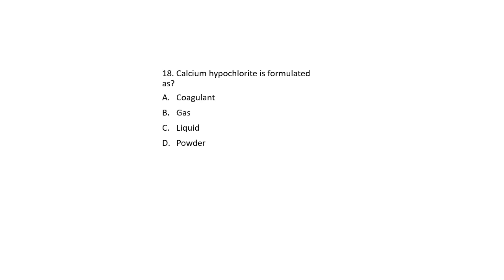Answer is D, powder. Chlorine leaks in metal containers tend to become larger, become smaller, remain the same size, or seal themselves. The answer is A, they tend to become larger.